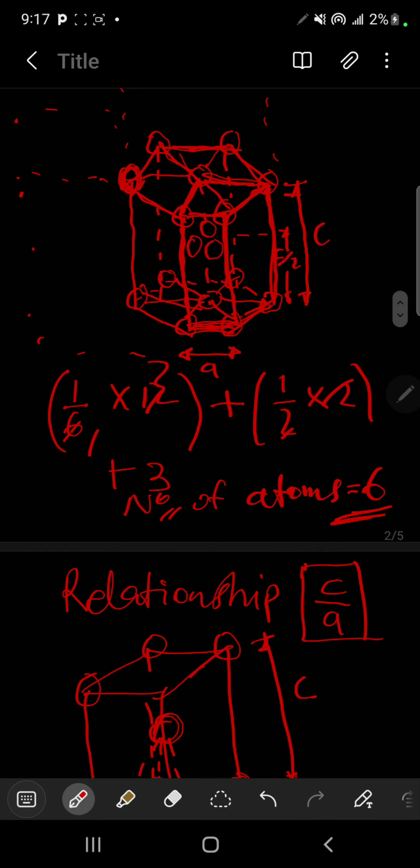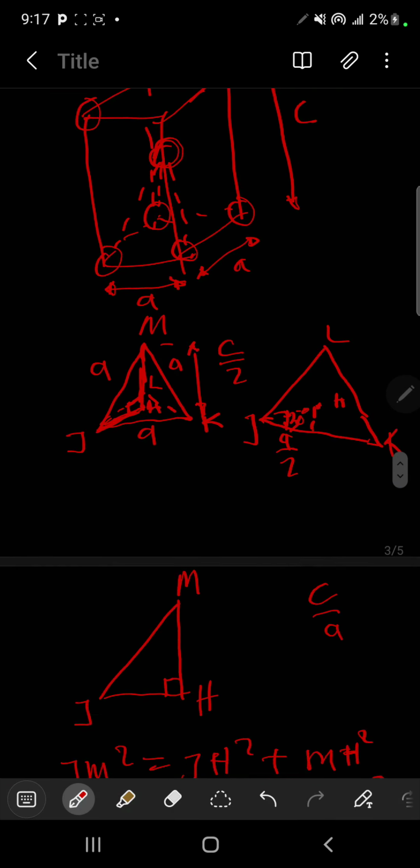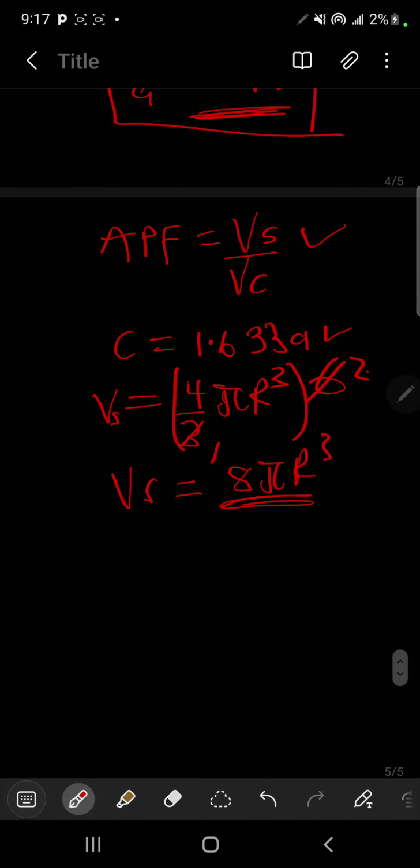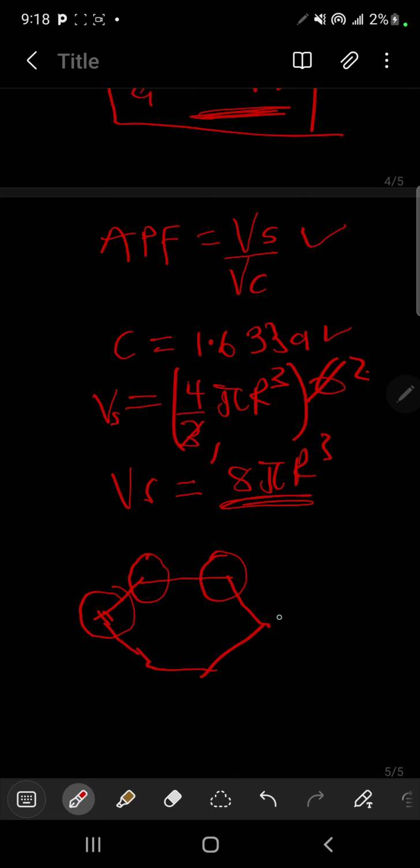So the best way we can do that is to set new parameters again. So maybe we can say we just take a look at the top face of the hexagonal close packed. It looks something like this. Notice there are 6 atoms, like that, and in fact they should be touching each other, but even just like this is fine.